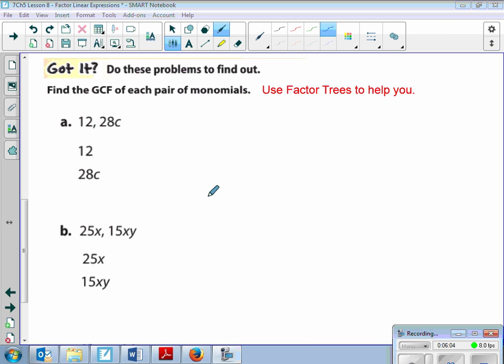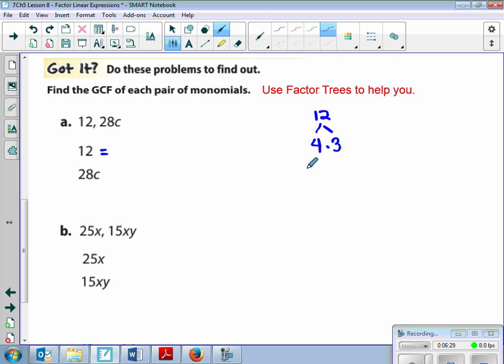All right, so we want to find the GCF of each pair of monomials. And remember, we can use factor trees to help us if we can't figure out the prime factorizations. So 12, that can be broken down to 4 times 3, right?